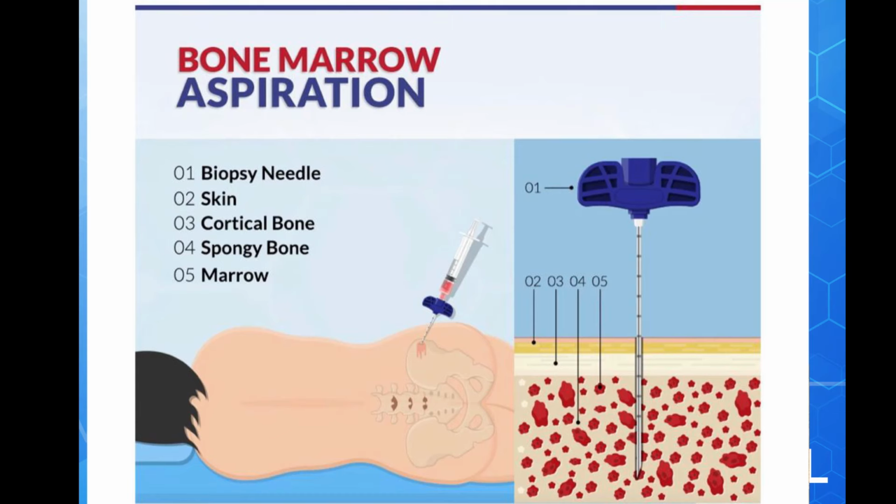Bone marrow examination is nothing but taking a small bit of bone marrow from the back of the child's hip bone by putting a needle. It is usually done under anesthesia. After taking this bone marrow sample, it is looked at under microscope by a specialist doctor, called a pathologist. They will tell us is there any blood cancer cell in the bone marrow.